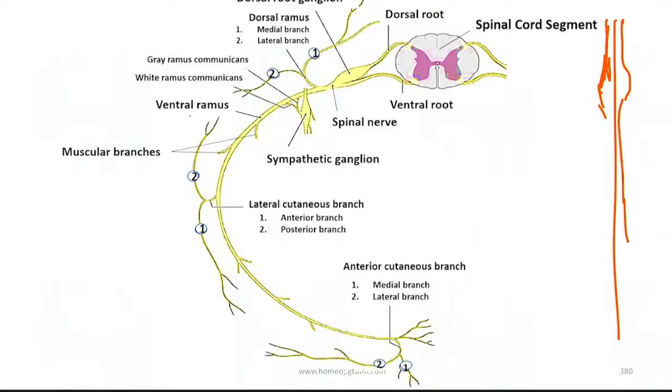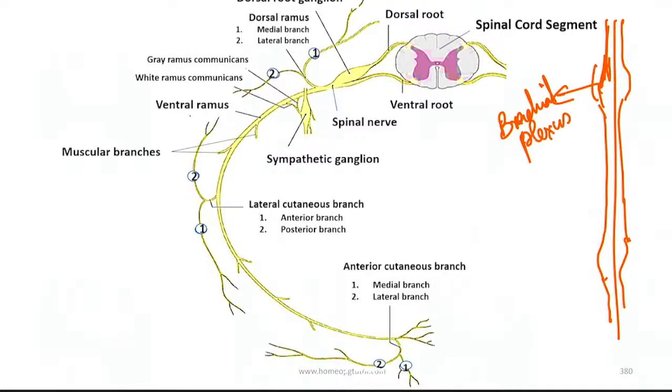Then around the thoracolumbar area, again we have an enlargement. From the cervical enlargement, the brachial plexus originates. From the thoracolumbar enlargement we have the lumbar plexus, and the sacral plexus arises from the lumbosacral enlargement.